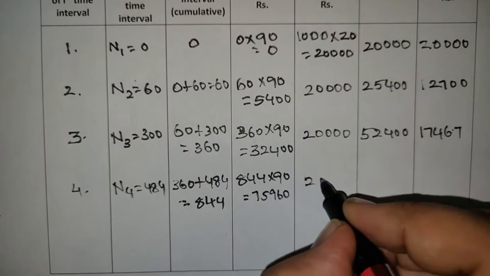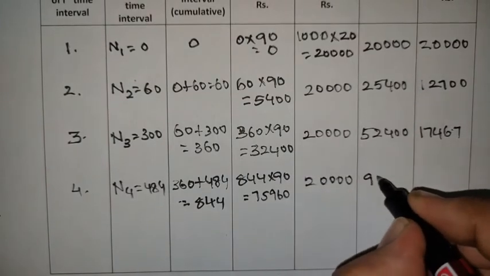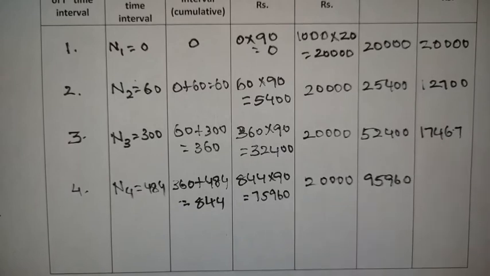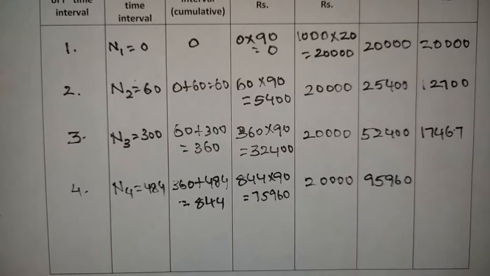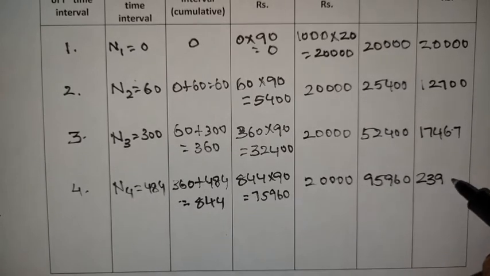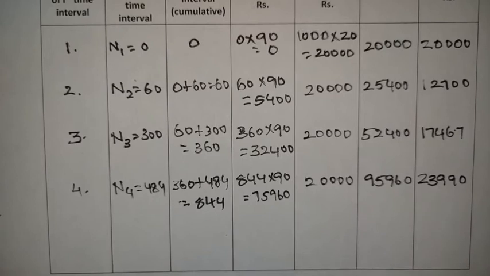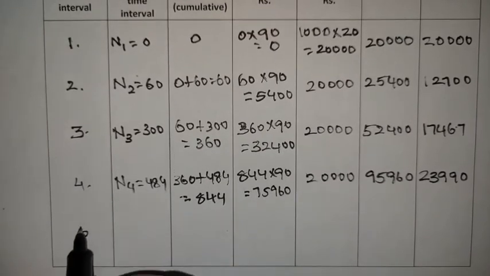Group replacement is 20,000. Total cost is 95,960. Average cost is 95,960 by 4, which is 23,990.